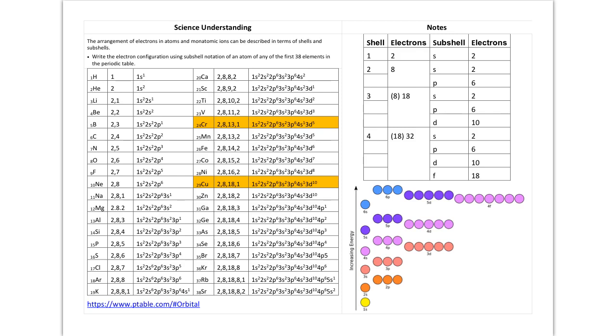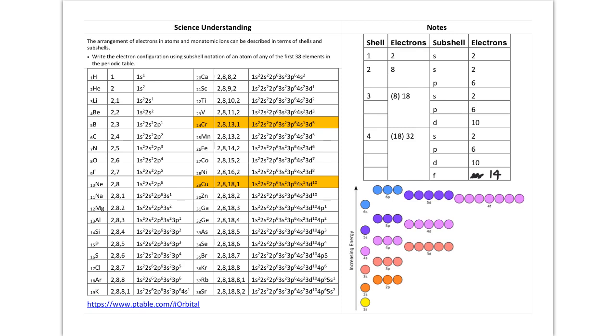And the fourth shell has an S, a P, a D and an F subshell, and we can get 2 in the S subshell, 6 in the P, 10 in the D, and I've just realised that's a mistake because the F subshell actually only holds 14 electrons, and if you look here, 2 plus 6 is 8, 8 plus 10 is 18, 18 plus 14 is 32. So that shows you where we fill up that shell. So sorry about that mistake.